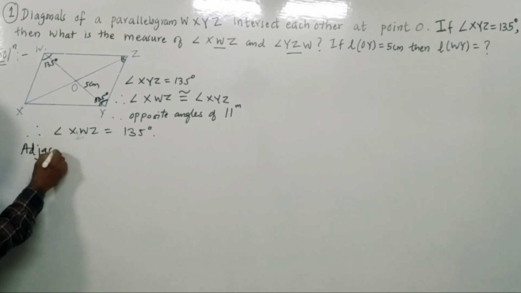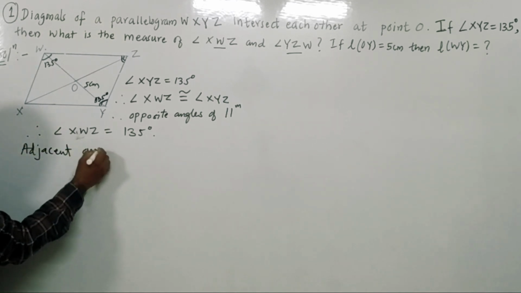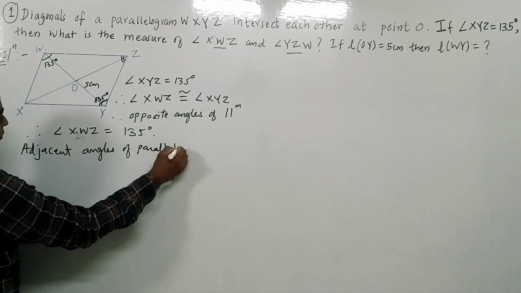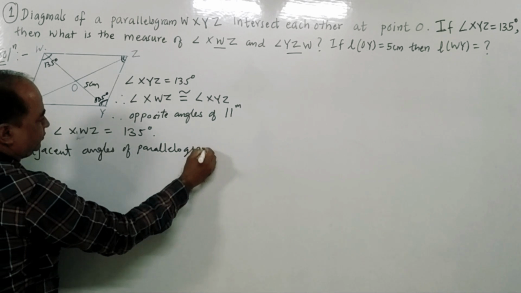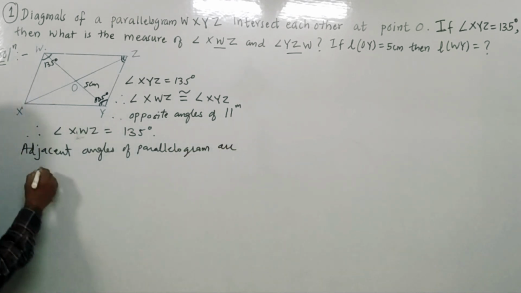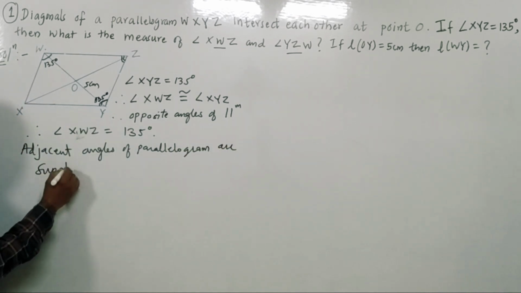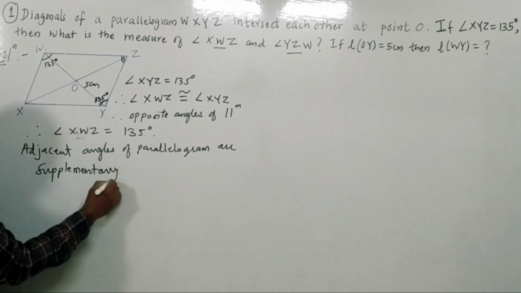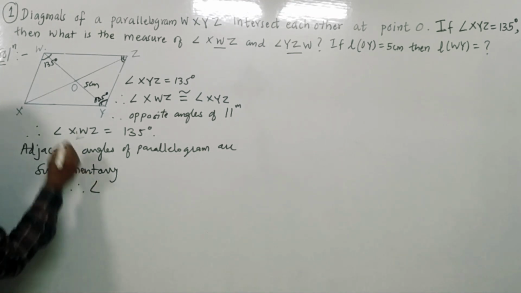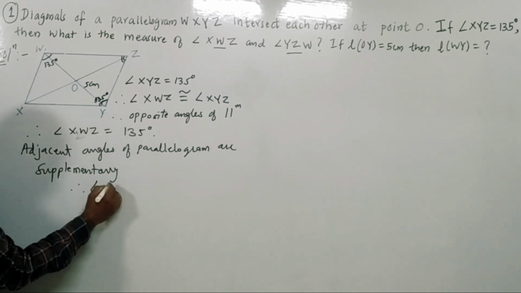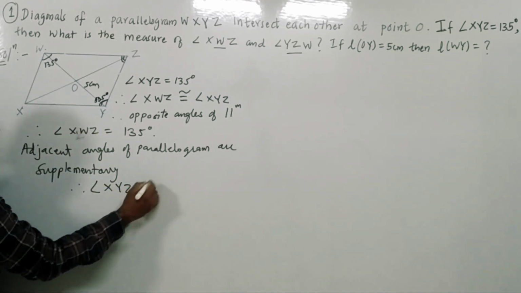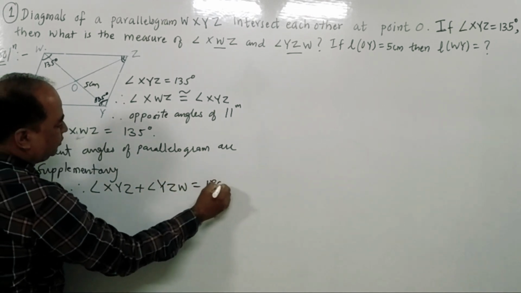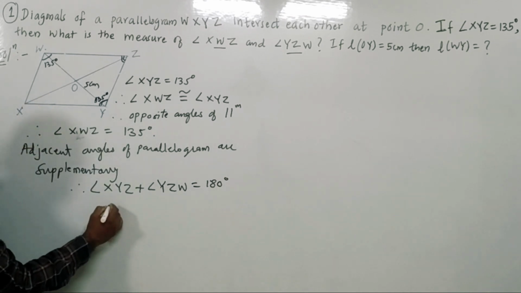The sum of adjacent angles is 180 degrees. Therefore, angle XYZ plus angle YZW is equal to 180 degrees.